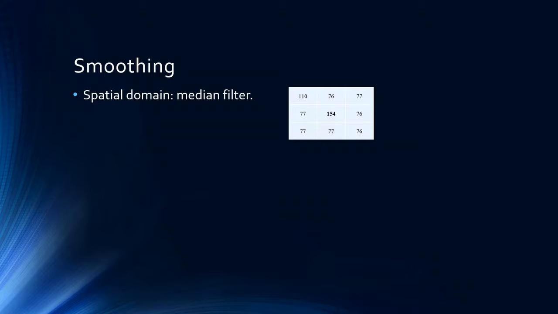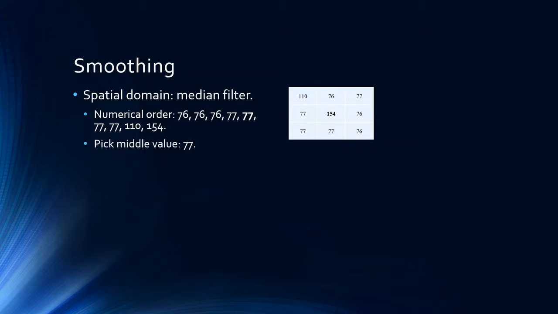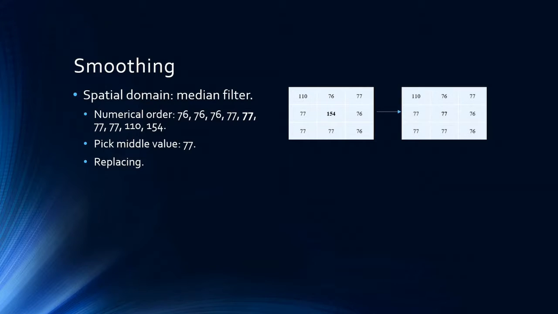And as you can see in the array here, pixels that have abnormal values will be filtered. By arranging the pixels in numerical order, the filter will choose the middle value for reflecting the noise.